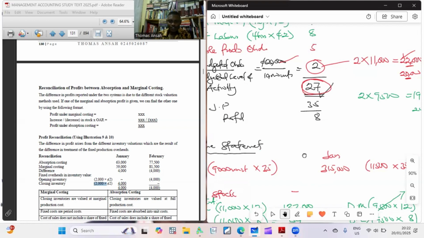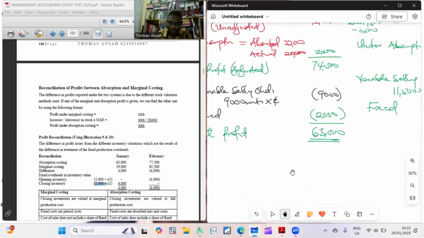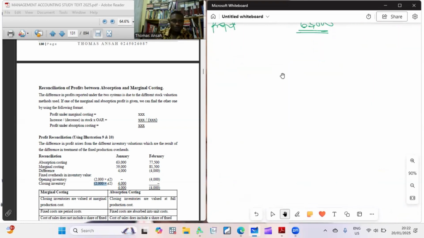So what we are saying is that if I want to reconcile the two, I start with my marginal. In the marginal, I had 59,000. You remember, that is what we had.